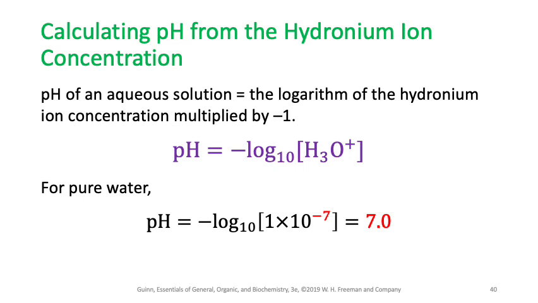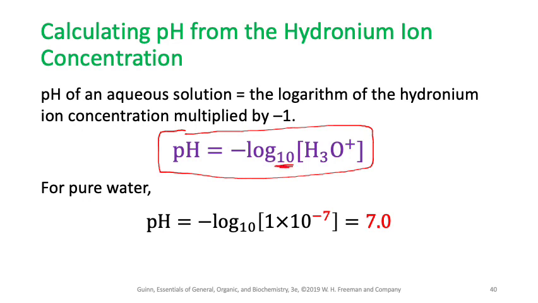Now let's talk about how we can get the pH, because in the beginning we talked about the pH value, right? And then we had some numbers, pH 1, pH 4, right? For blood we have 7.35 to 7.45. So how would we get that number? We get that number from this equation, which is pH equal to negative log with a base of 10 of the hydronium ion concentration.